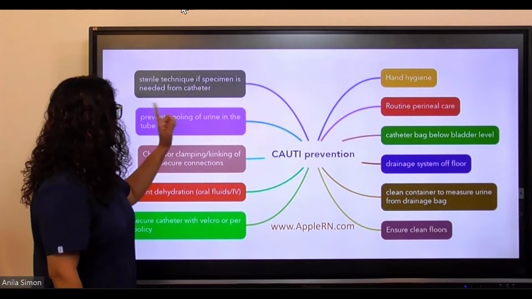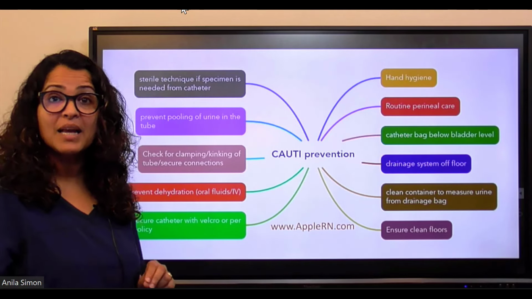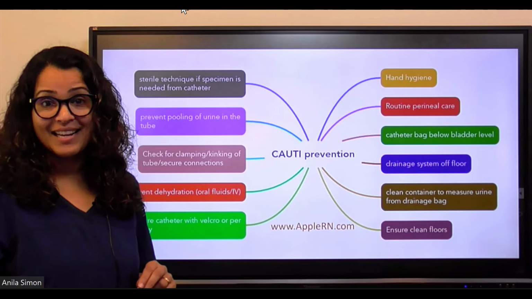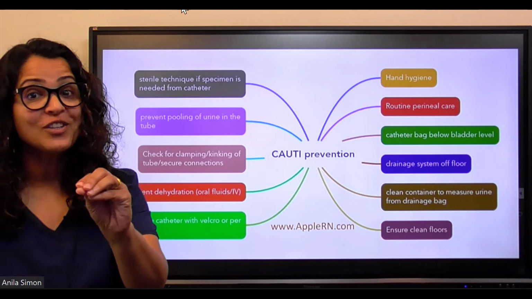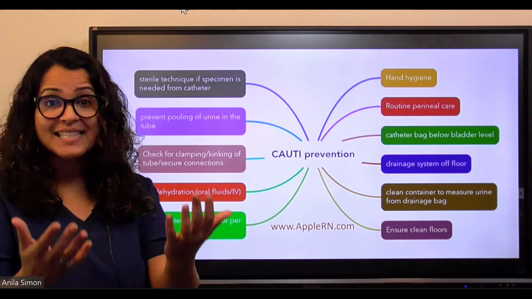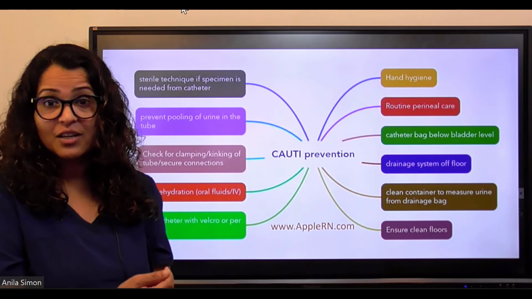And the other one is sterile technique. Anytime we are taking a specimen from the catheter, we have to be extremely careful not to introduce any kind of bacteria into the system. We know how much care we take when we are inserting the Foley catheter or the urinary catheter.